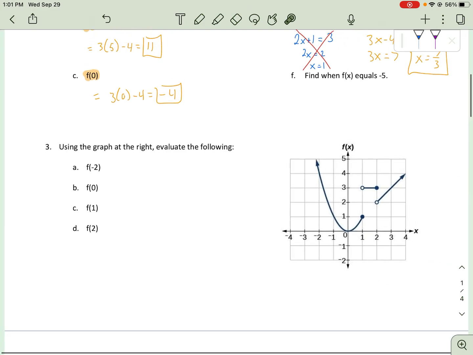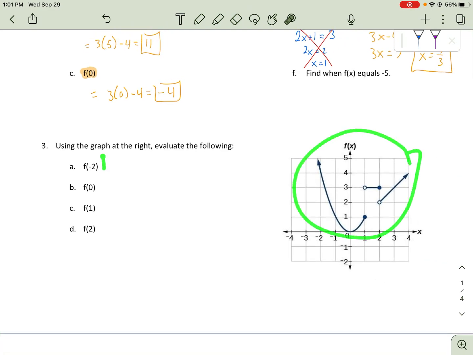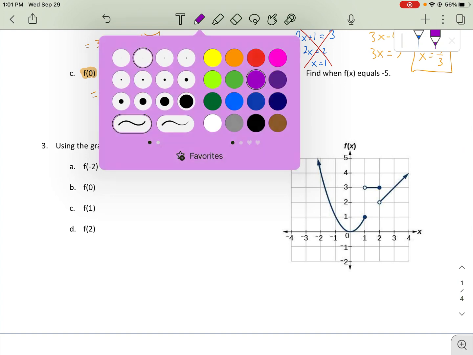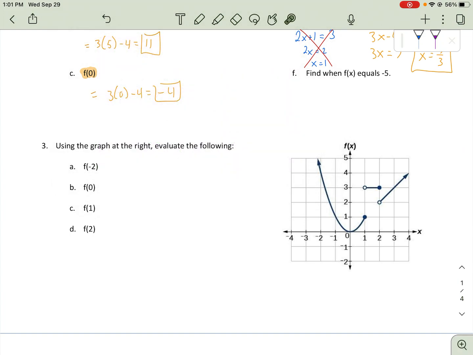Okay, now we're going to just answer some similar questions using this graph. F of negative 2, again, these are all x values. So when x is negative 2, I'm just coming over here at negative 2 and going up until I find a y value, and I get 4. When x is 0, that's right there, I get 0.